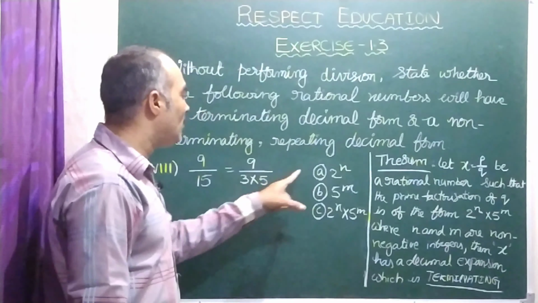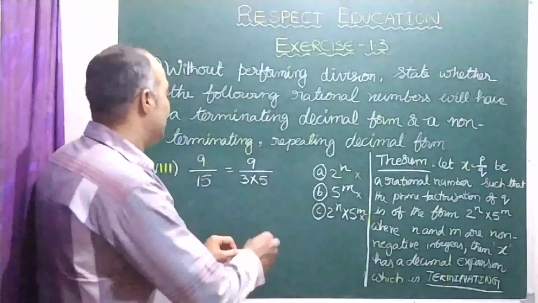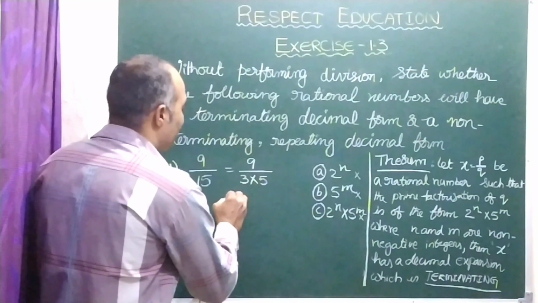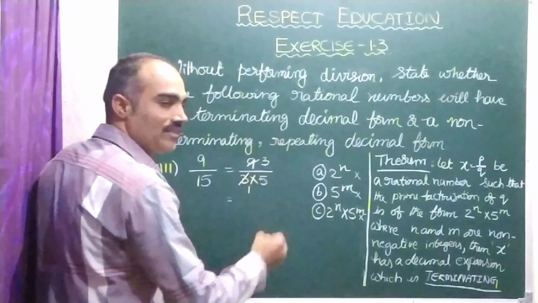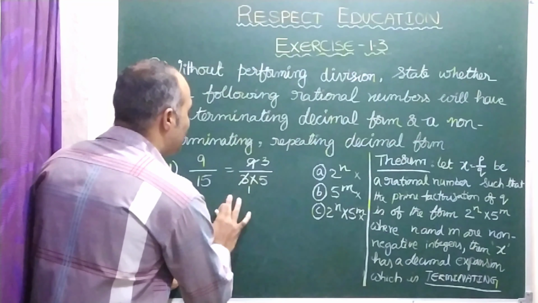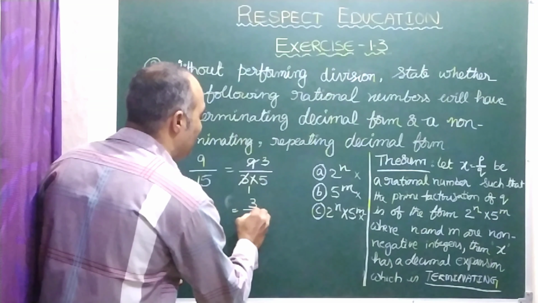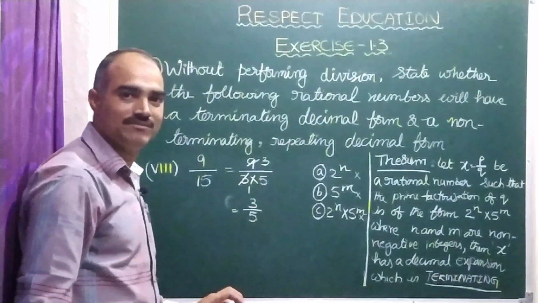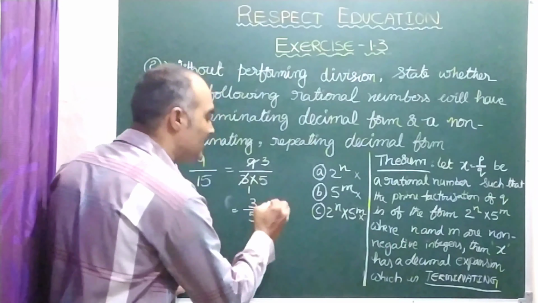But here you need to take enough care children. Just observe, 3 ones are 3, 3 threes are 9, right? So this problem can become 3 by 5. Now you observe children, 5 means 5 power 1, right?